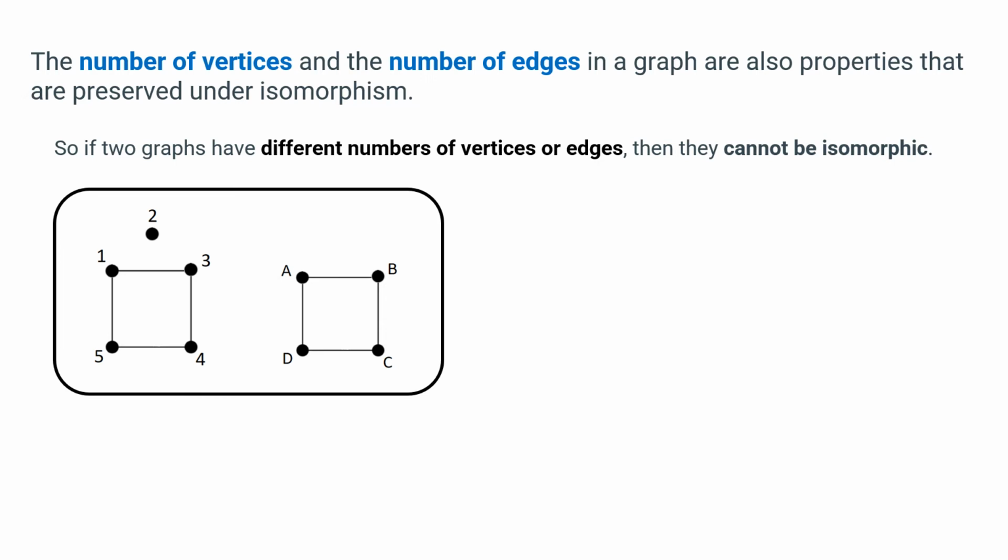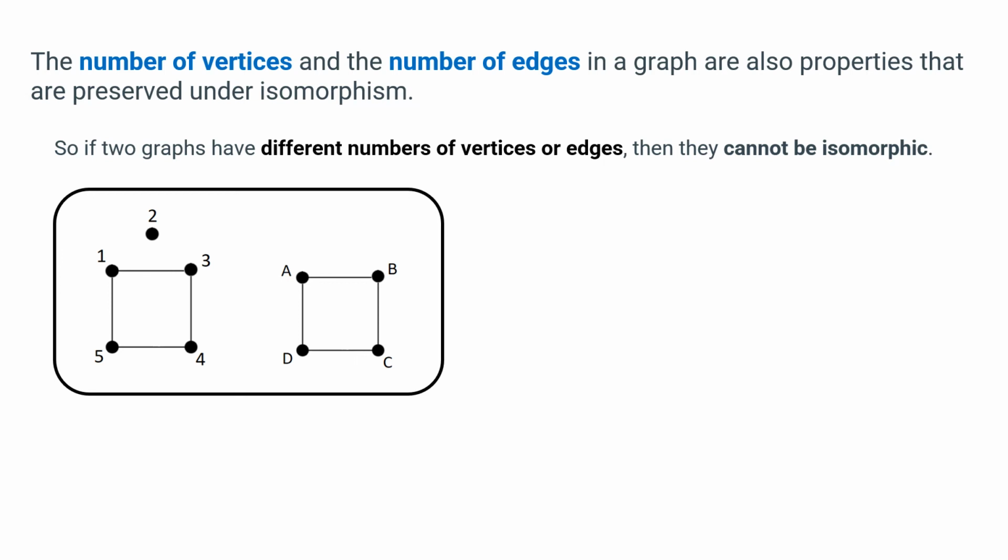So here are two graphs. One graph has 5 vertices, the other has 4. If we thought through the definition of isomorphism, we could say there's no way we can find this correspondence because we can't come up with a bijection, because we can't have a clear inverse and so on.